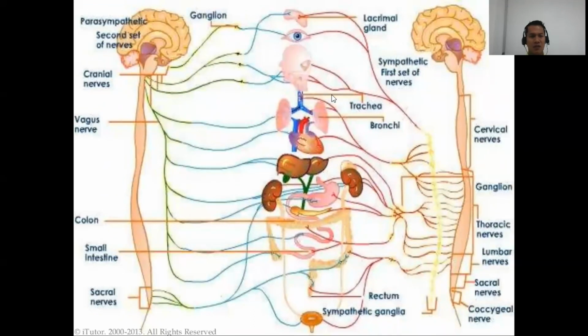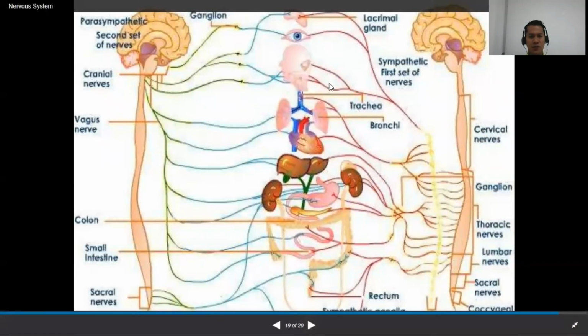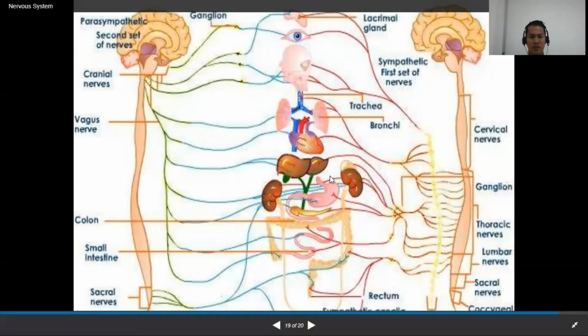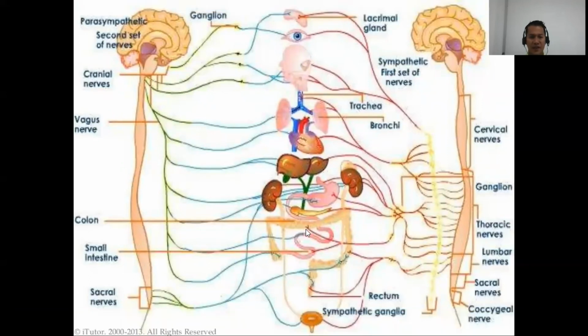Without this system, our body will have a problem. And so that's the reason why we have to protect our brain and our spinal cord. It's just because it controls specific parts of our body, and they are all wired to our organs.